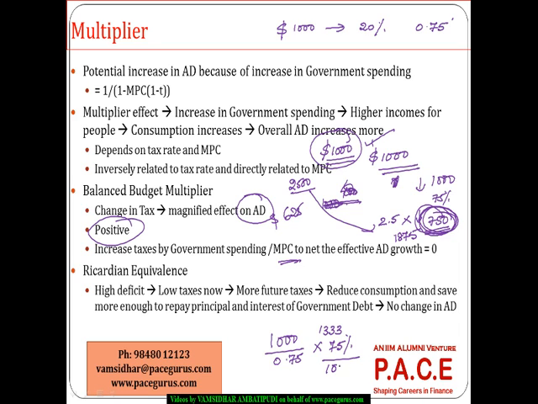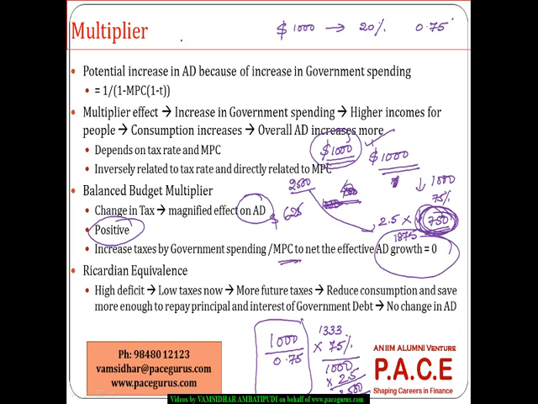So the aggregate demand is going to go down by 1,000, and multiplying it with a multiplier of 2.5 overall, resulting in an aggregate demand going down by 2,500, and the government spending resulting in a 2,500 overall, resulting in AD growth of 0.